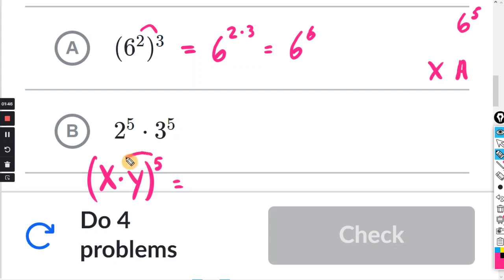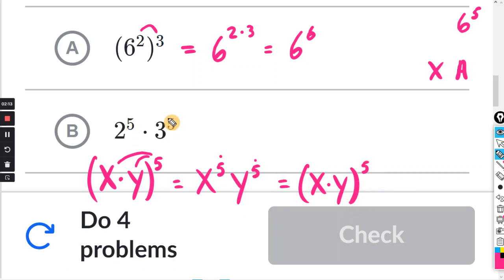So that's going to be applied to the x and the y. So that's going to be x to the 5th times y to the 5th. So if the exponents match, you can factor out the product and go back to this here. So x to the 5th, y to the 5th, that's the same as x times y to the 5th.